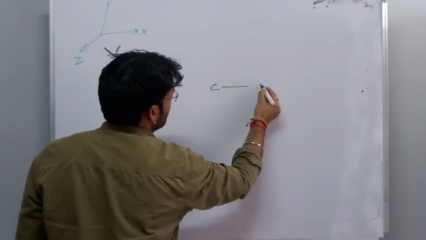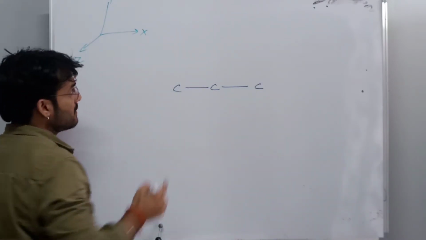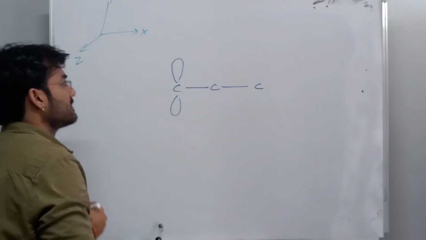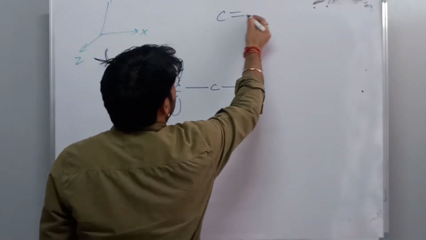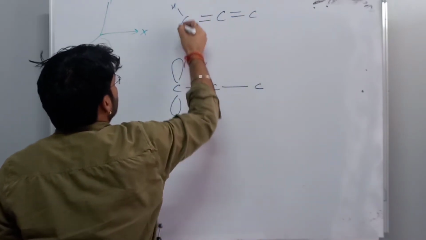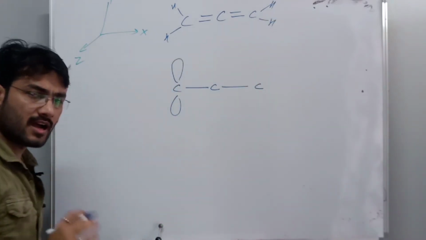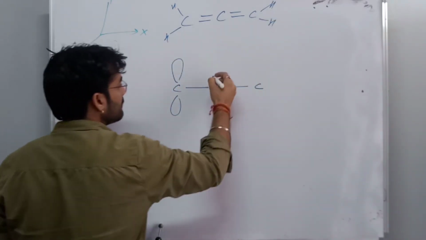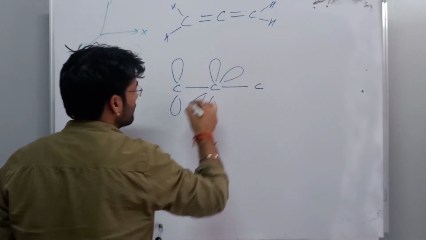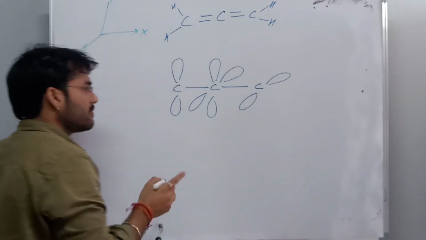This is the sigma bond, which is along the x-axis. I need the pi bond because, as you know, the central carbon atom is forming two pi bonds and the side ones are forming only one. So I need to show two p orbitals on the center and one on each side.